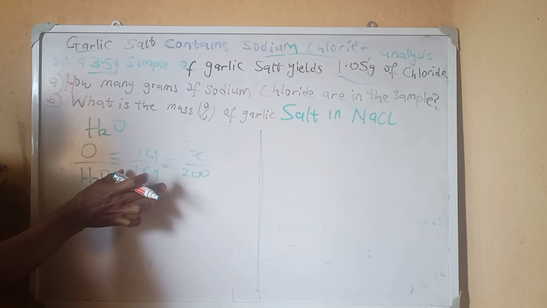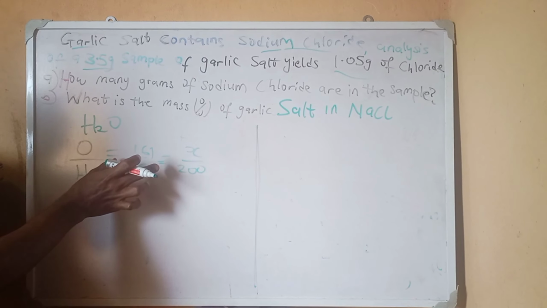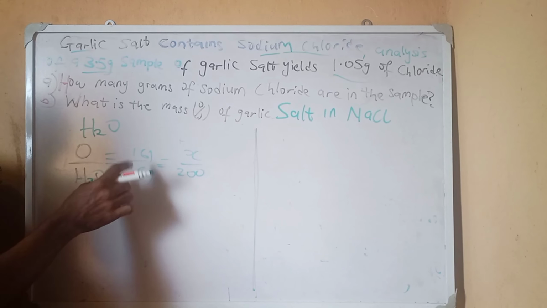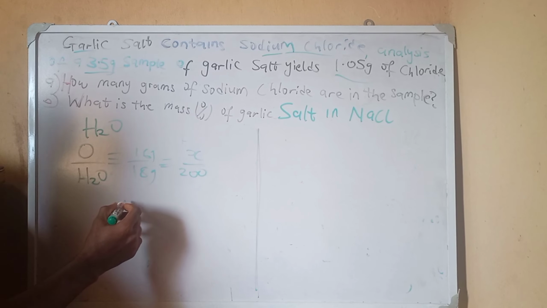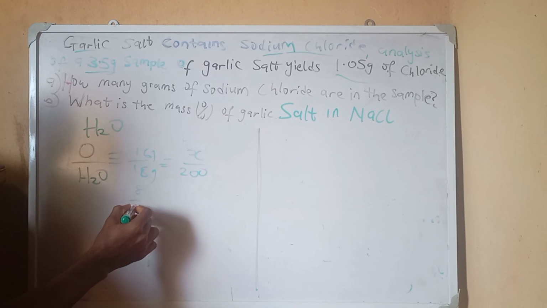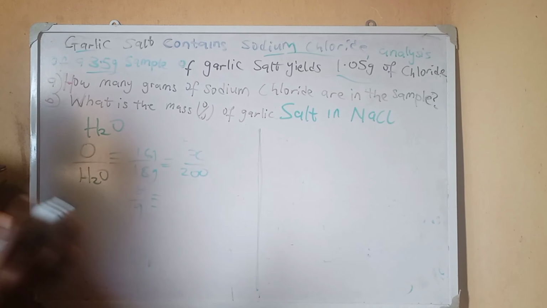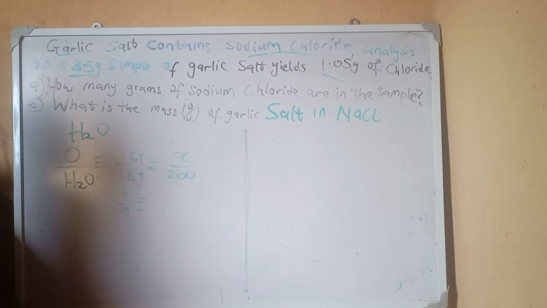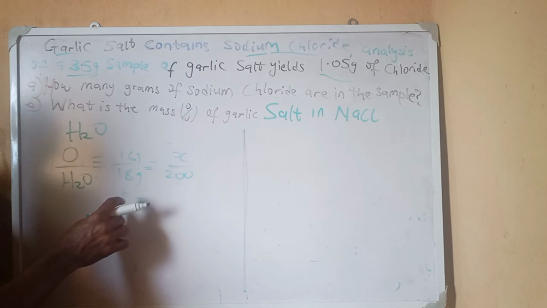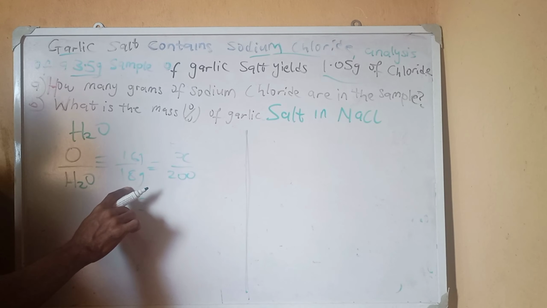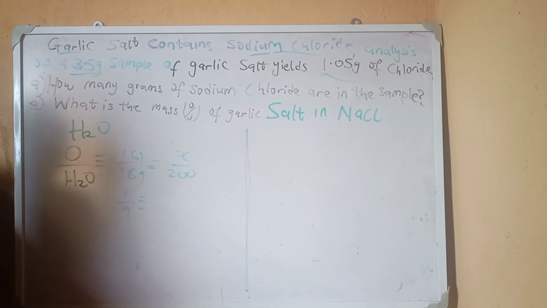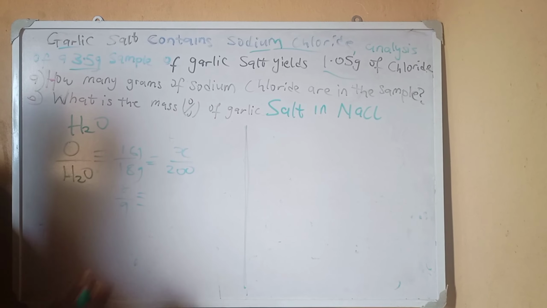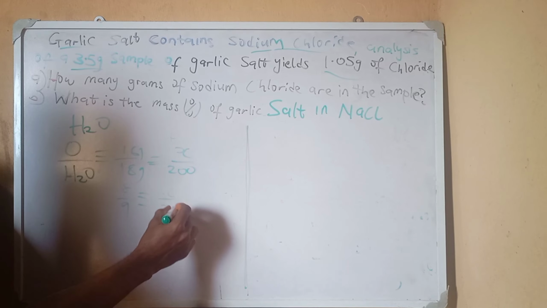If we simplify this ratio further, 16 by 2 is 8, 18 by 2 is 9, so we have 8 over 9. That means for every given mass of water we have, the mass of oxygen in relation to the bulk of water, when simplified, will always land us here. I call it a constant ratio for every given compound. And that's the same knowledge we are going to use to solve the problem we are given.